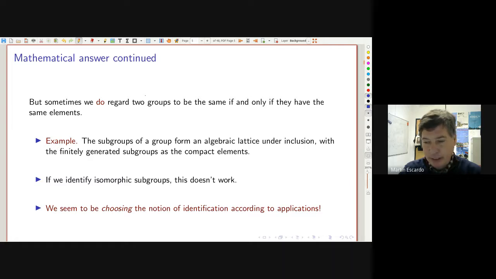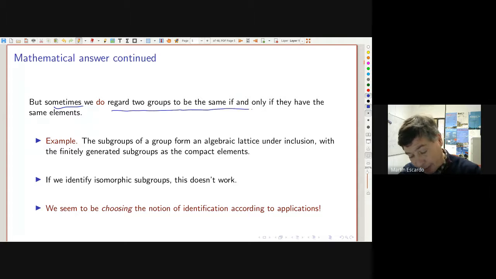But before we start explaining how this works, we have to give a warning. The warning is the following: sometimes we actually do regard two groups to be the same if and only if they have the same elements. So one example that you may or may not know, it doesn't matter much, but it's an example that occurs in practice in mathematics.